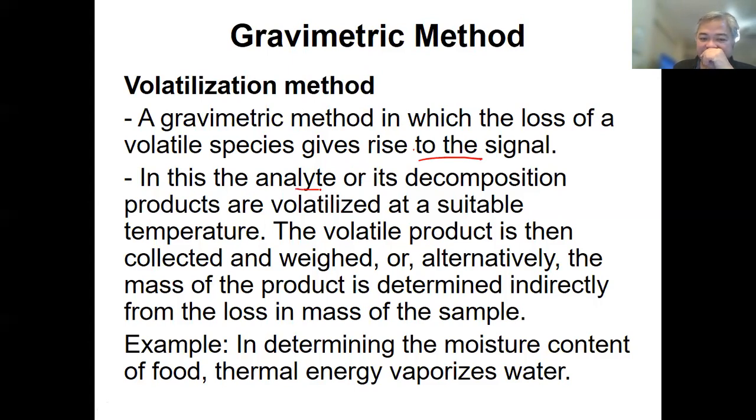In this, the analyte or its decomposition products are volatilized at a suitable temperature. And usually the volatile product is then collected and weighed, or alternatively, the mass of the product is determined indirectly from the loss in the mass of the sample. So as you could see here, change in mass or determination of mass, giving you the gravimetric method.